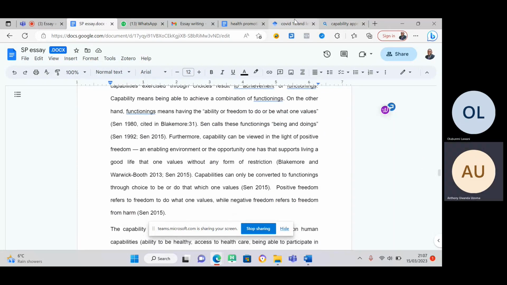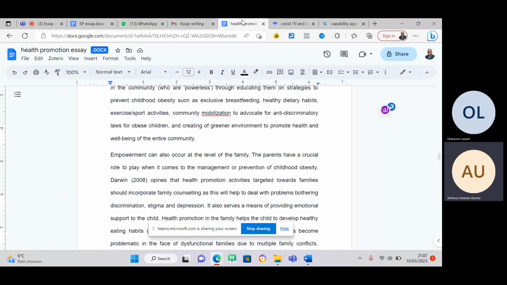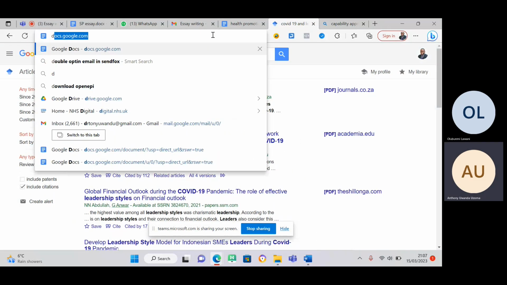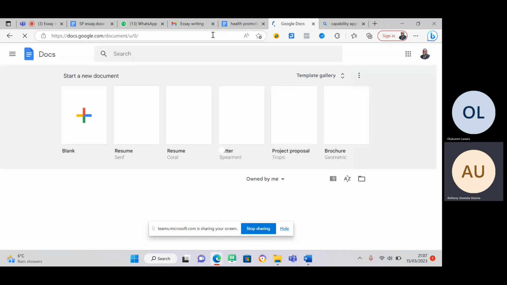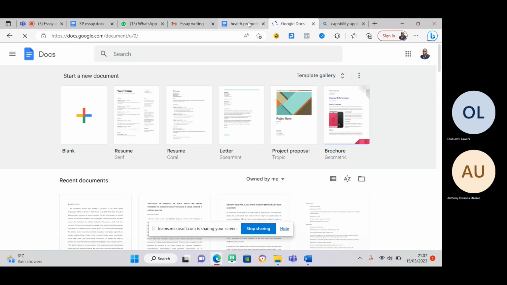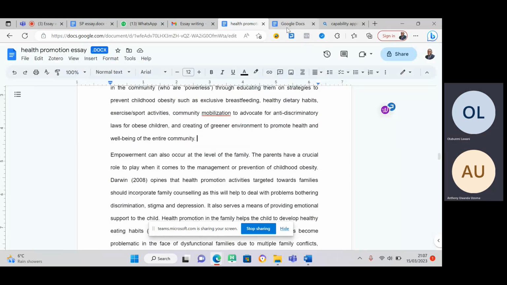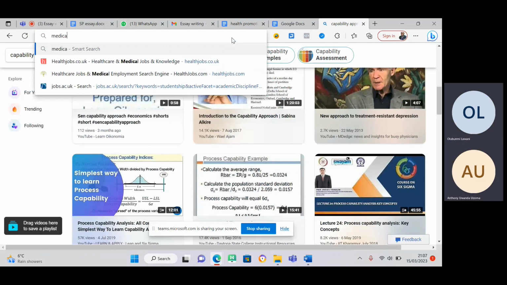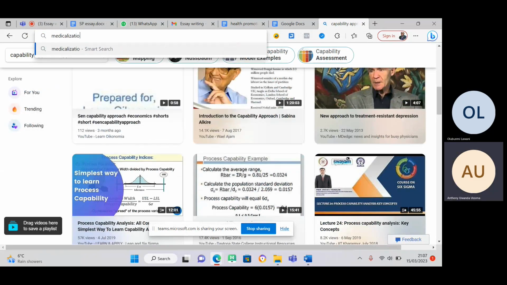Wait, let me see. There's one more thing I didn't say. Let's see whether I will get it. I lost my health needs assessment essay. So there's something called medicalization. You don't know whether it's in social policy or in health needs assessment.